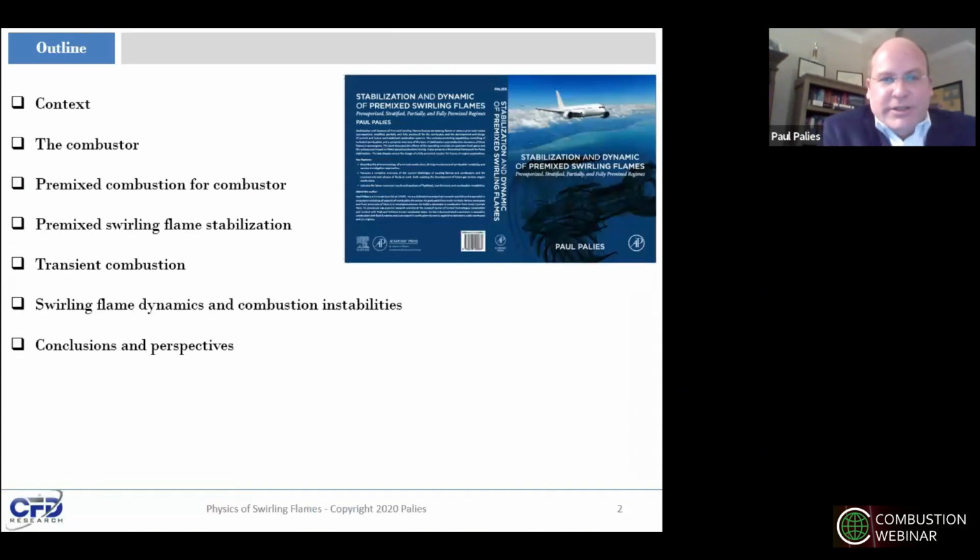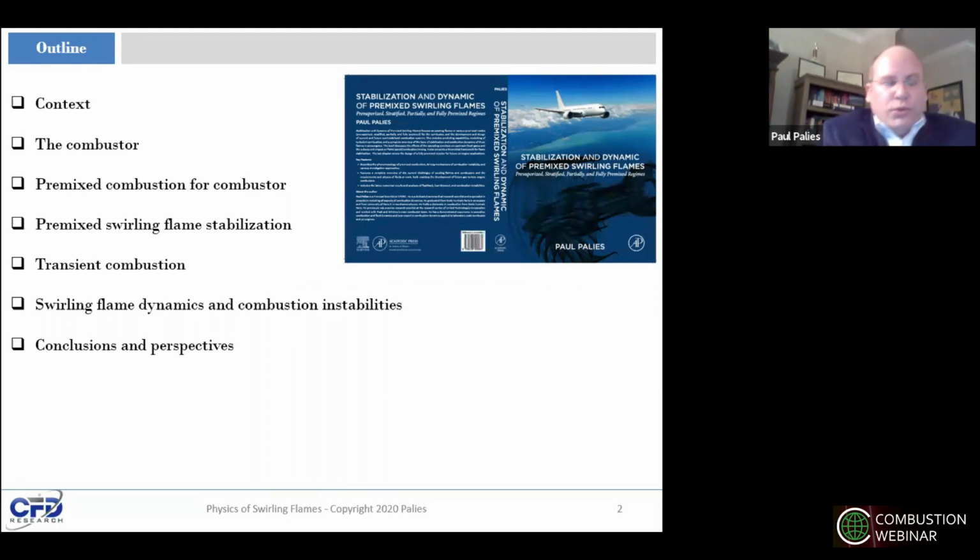So I will start with the outline of the presentation. I want to point out to the audience that this outline for today is directly extracted from a book I recently published with academic press Elsevier, and each topic can be further looked at in this book. So I will give some elements of context.